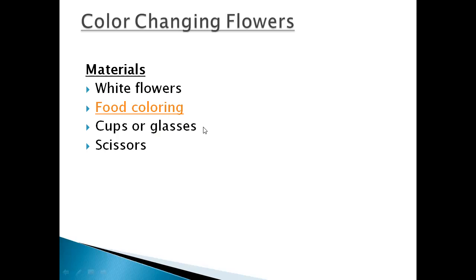Containers: you can take cups or glasses. And the last thing, scissors, for cutting leaves and your flower stick. From the bottom, you don't need to cut all of the stick, just cut a little bit from the bottom, so water can be absorbed by the stem.